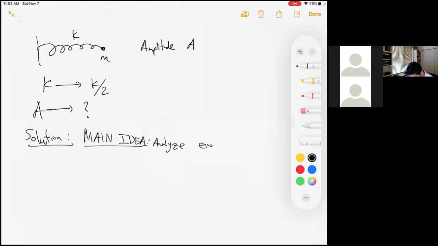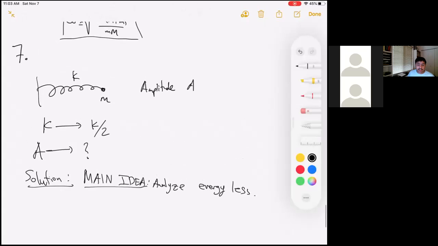energy losses. Let me tell you the reason that the amplitude will change. At any given point of time, you're oscillating, and let's say the spring constant just instantaneously decays by a small amount, and you have some potential energy stored in the spring.